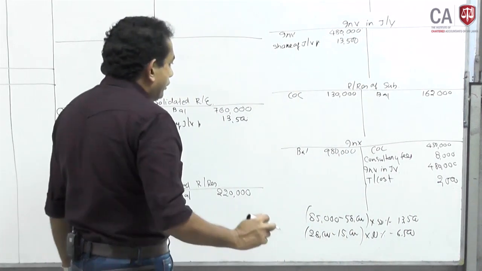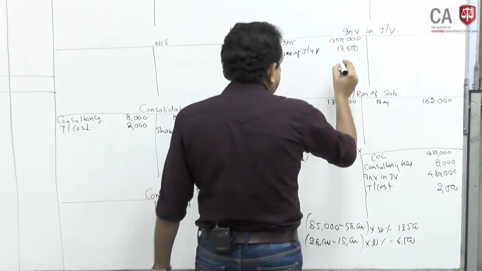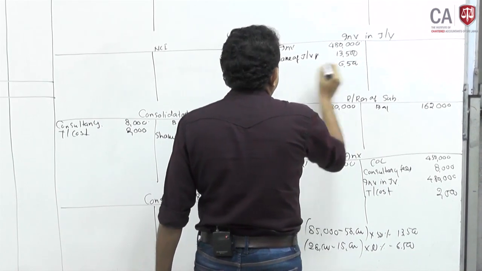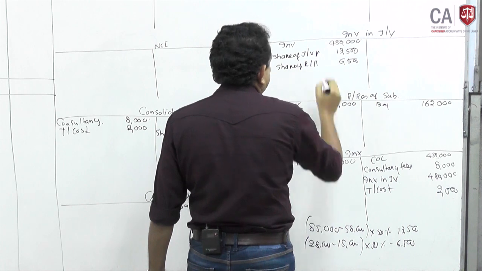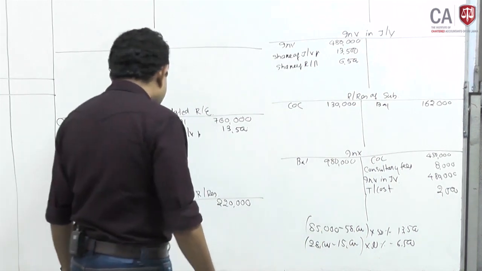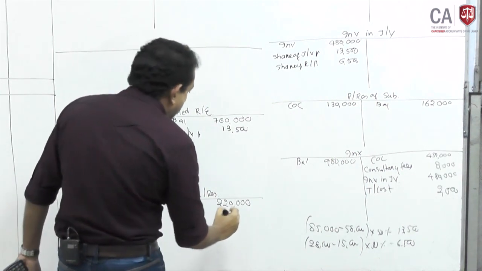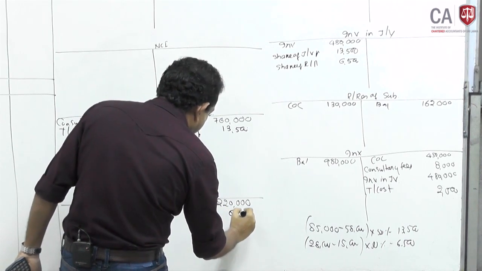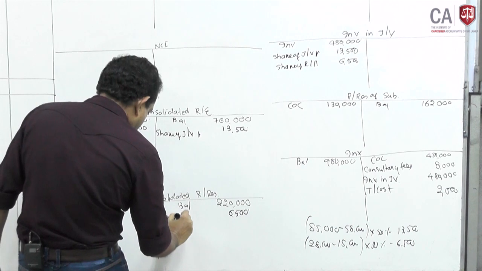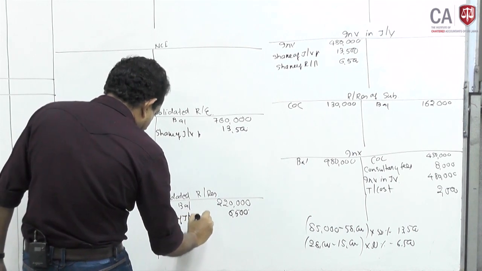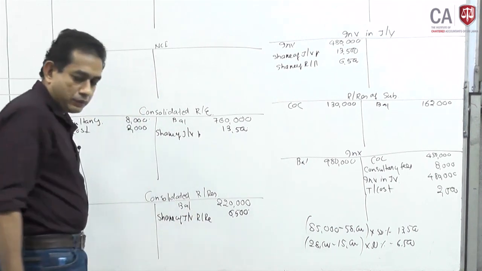We will debit it to investment in joint venture account 6,500, share of revaluation reserve, and we will credit that to consolidated revaluation reserve account 6,500. Share of joint venture revaluation reserve.